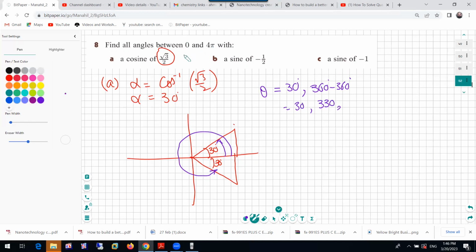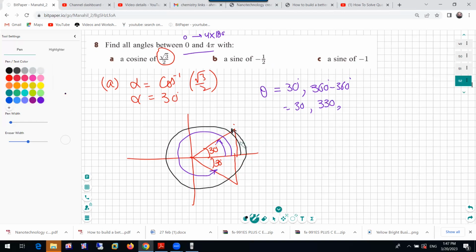4 pi means 0 to 720, because 4 times 180 means 720. So we can take more values as well. Like the third value can be approaching this one, but after one rotation. One complete rotation and then approaching this line.